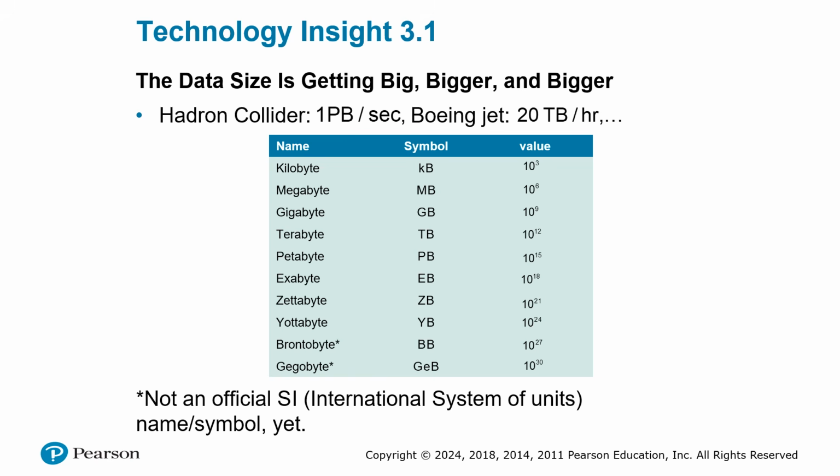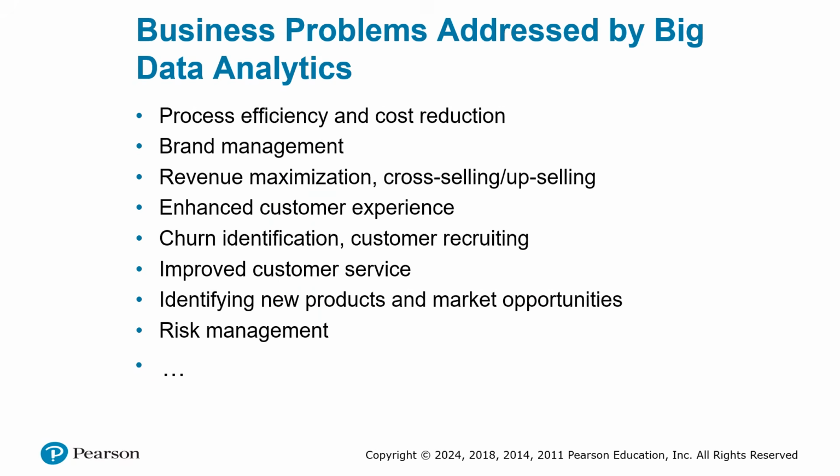If you go to the gigabyte, this is 10 power 9, and so on. If you are calculating data, you need to understand the difference between kilobyte, megabyte, gigabyte, and terabyte, so that during reporting you report accordingly.